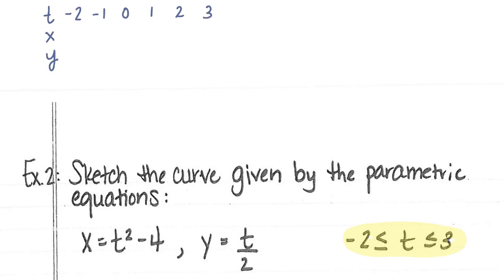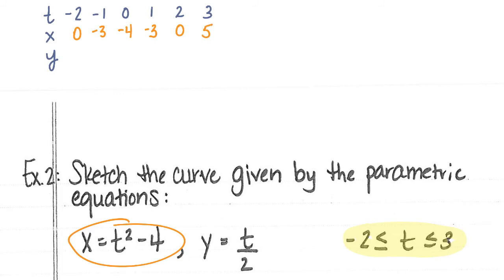My x is, well, negative 2 squared is 4. 4 minus 4 is 0. Negative 1 squared is 1 minus 4. So notice I'm plugging it in right here. It's 0, negative 3, negative 4, negative 3, 0, and 9 minus 4 is going to give me 5.